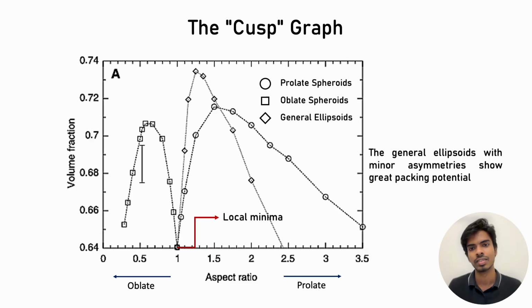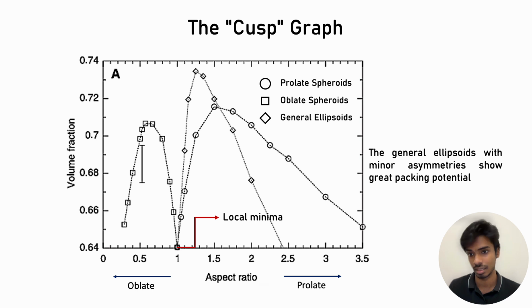In here, this is the plot between the volume fraction and the aspect ratio. The aspect ratios for the prolate, oblate, and general ellipsoids are given with respect to the volume fraction. You can see that at an aspect ratio equal to 1, there is a dip in the volume fraction. We already know an aspect ratio of 1 is a sphere.